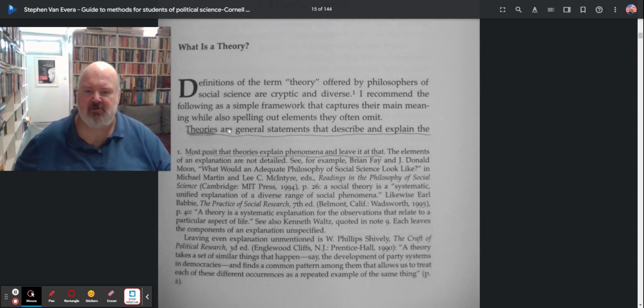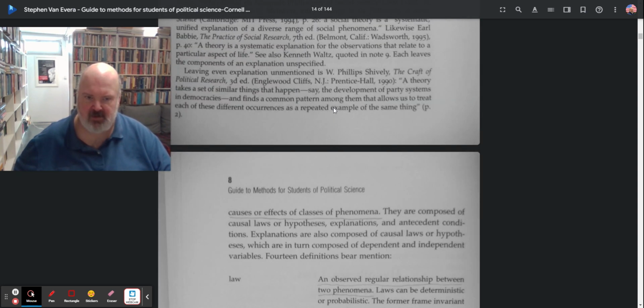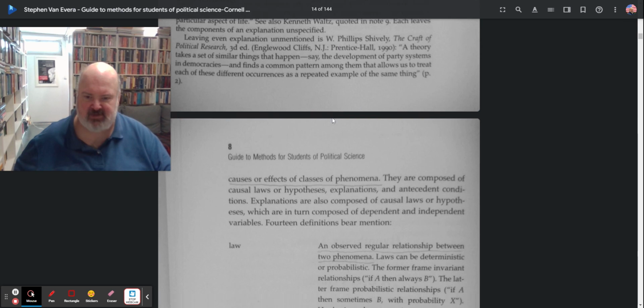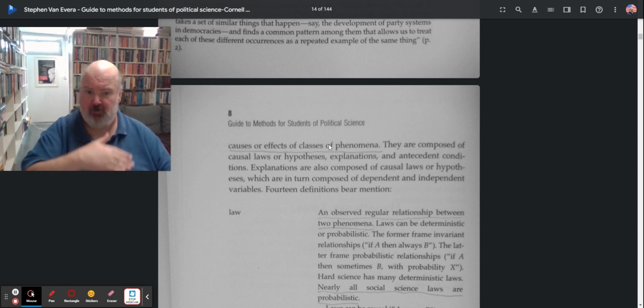He goes, theories are general statements that describe and explain causes or effects of classes of phenomena. In other words, it explains the causes or effects of classes of phenomena, types or groups of phenomena.